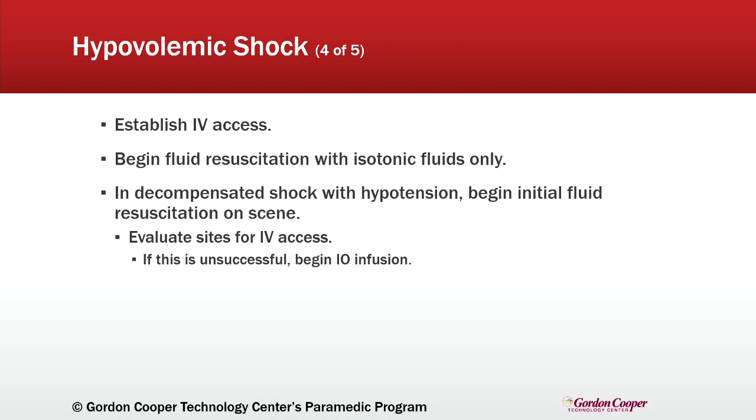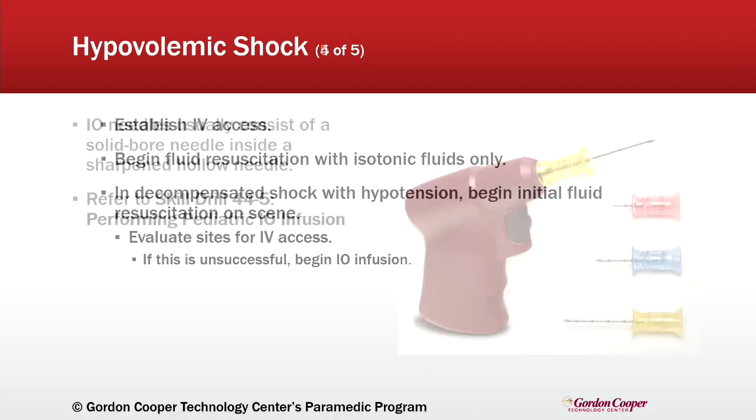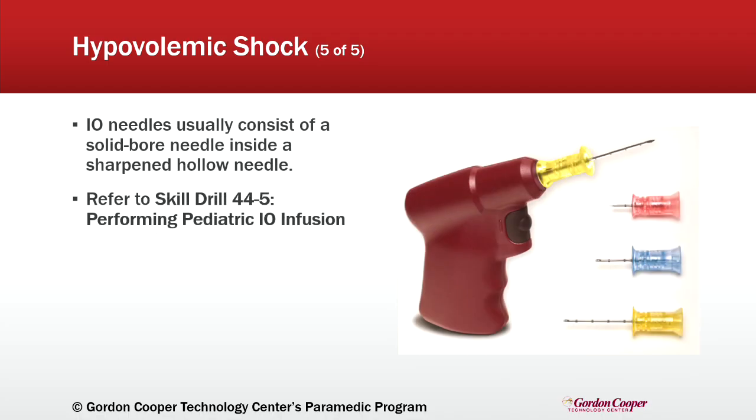Avoid IO infusions if a secure IV line is already in place, or if there is a fracture or possible fracture in the same bone where the IO needle would be inserted. Anything that can be administered through an IV line can also be administered through an IO line, which makes them a viable alternative. However, remember that trauma is going to create some unique situations that may prevent us from being able to use those.